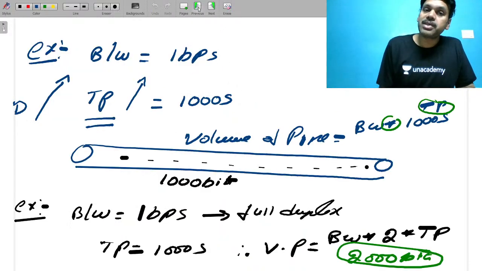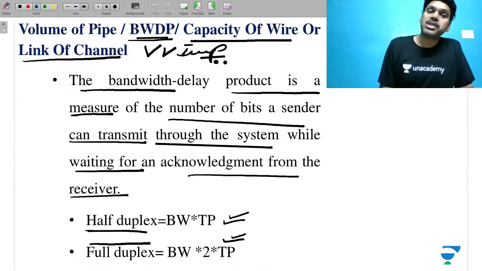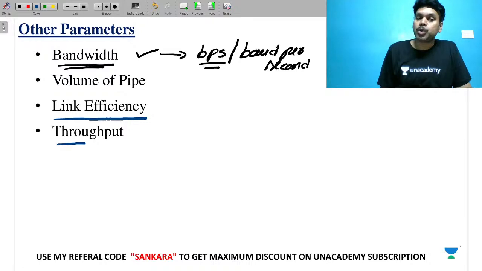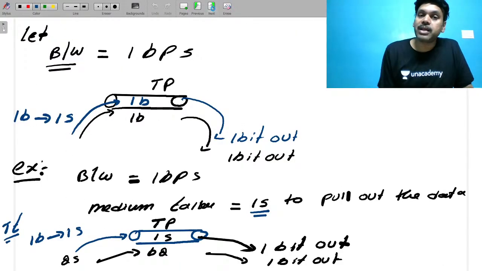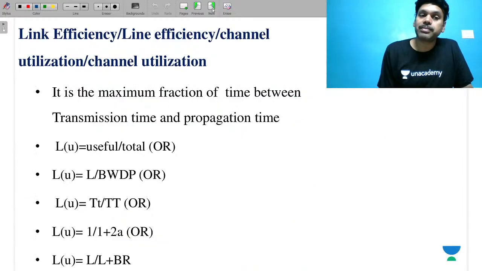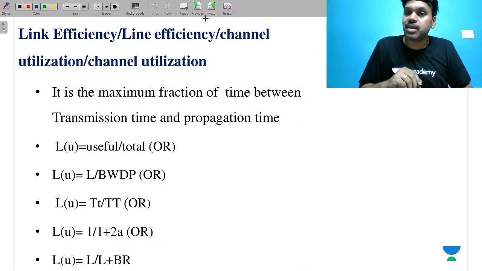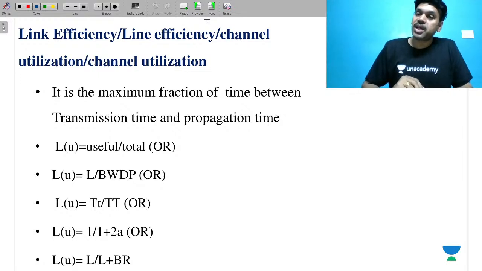We already discussed what bandwidth is and what the volume of the pipe is. The third one is link efficiency and throughput. Let me do that before closing the session. Link efficiency is also called link utilization, line efficiency, channel utilization or channel efficiency.